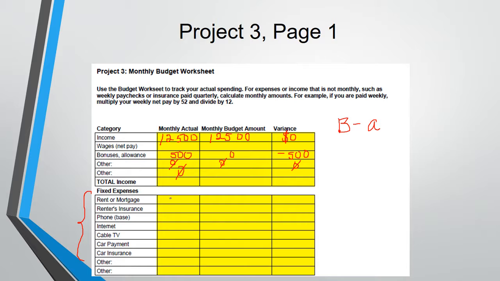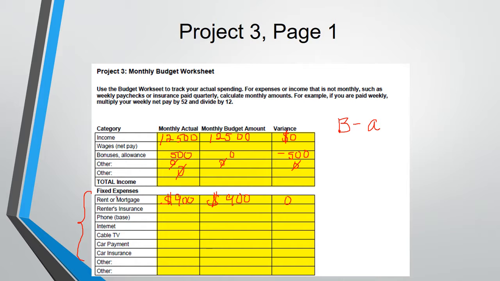So that means every month you're paying 900. For the most part, with fixed expenses, you budget the same amount because you already know how much each month will be. You know every month, no matter what, your mortgage or your rent is going to be a set amount. Same thing with your internet. No matter what, every month it's $60, your car payment, etc.